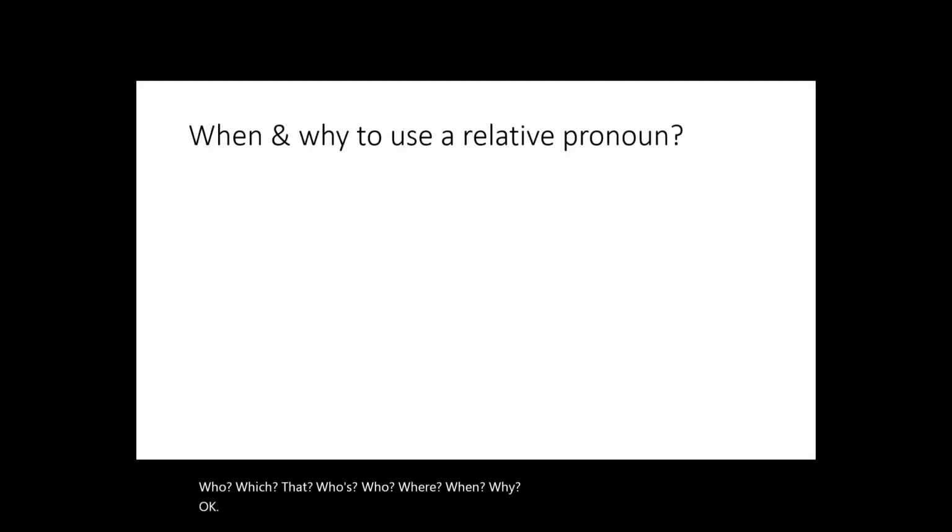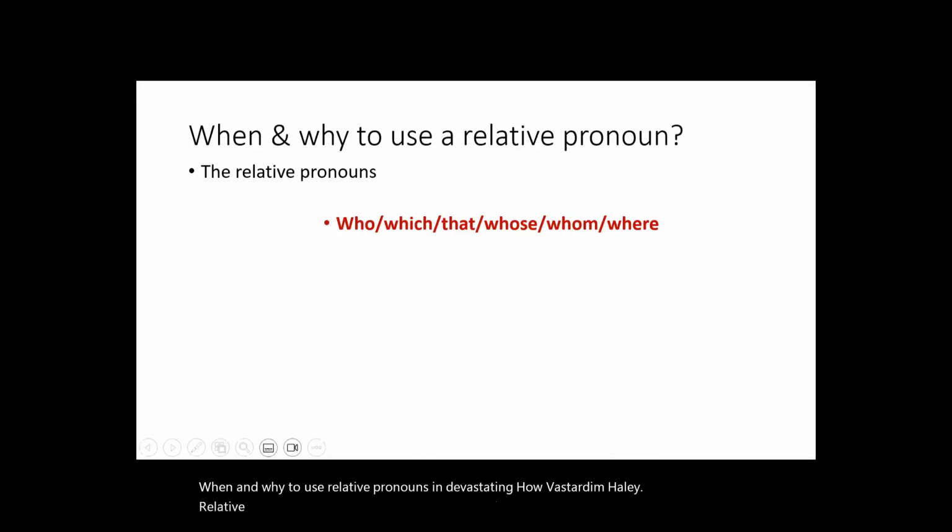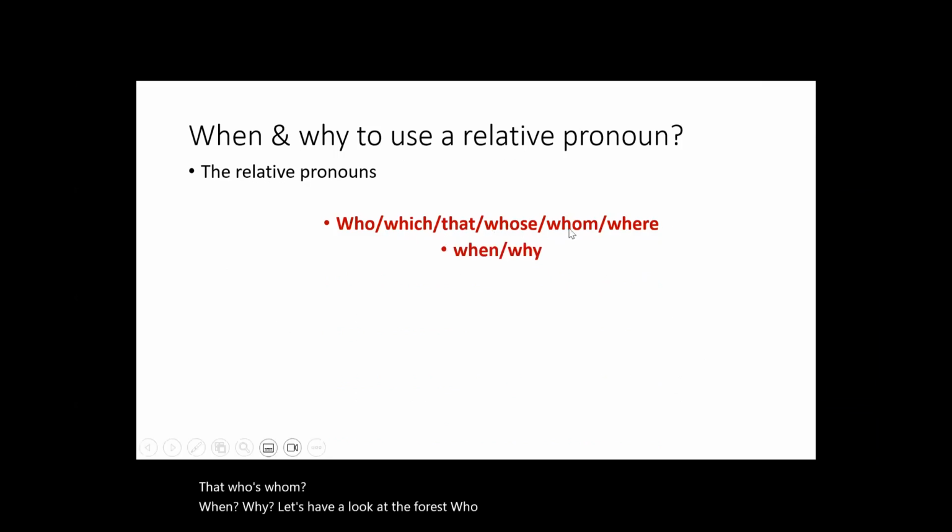When and why to use relative pronouns? When do I use them, and why do I use them? Relative pronouns are who, which, that, whose, whom, where, when, why. Let's have a look at the first: who, which, that, whose, and whom.